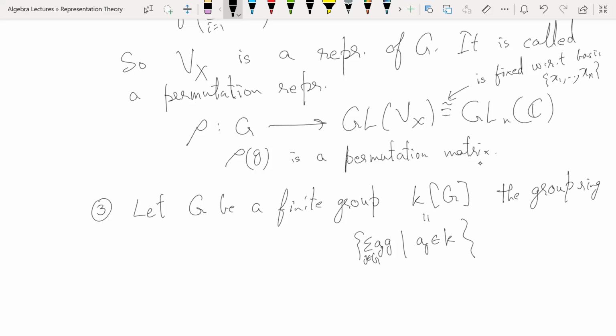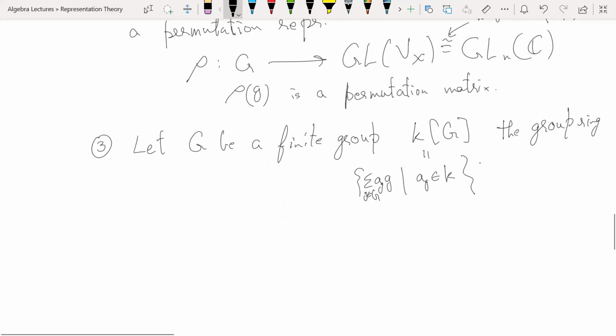Since you have a representation which is sort of natural, I don't know whether it's left or right. So you have an action of G on KG.